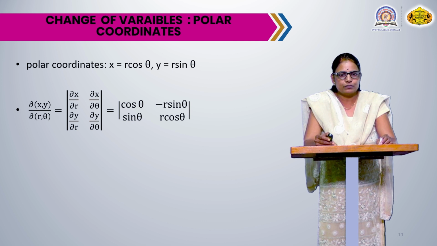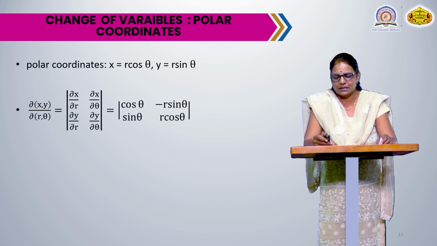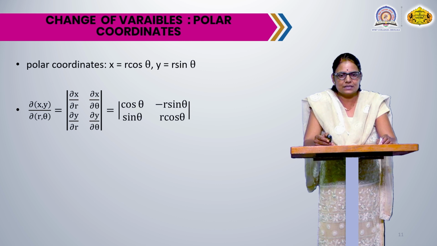So the derivative of x, that is r cos theta, with respect to r is cos theta, and with respect to theta, r is constant, and the derivative of cos theta is minus sin theta, so it is minus r sin theta. Now to write the second row, differentiate y with respect to r. The derivative of y with respect to r is sin theta, and the derivative of y with respect to theta is r cos theta.